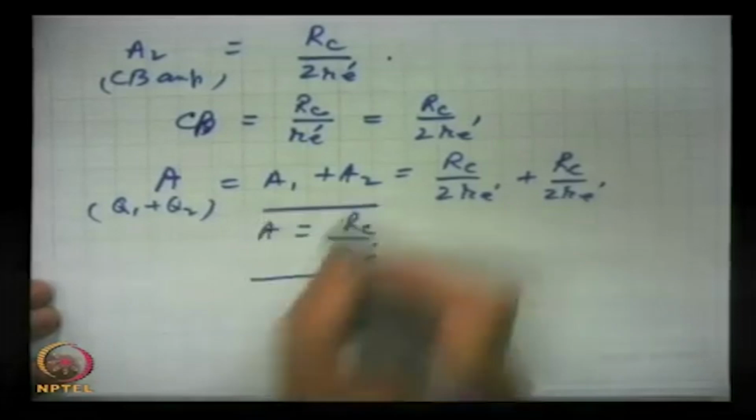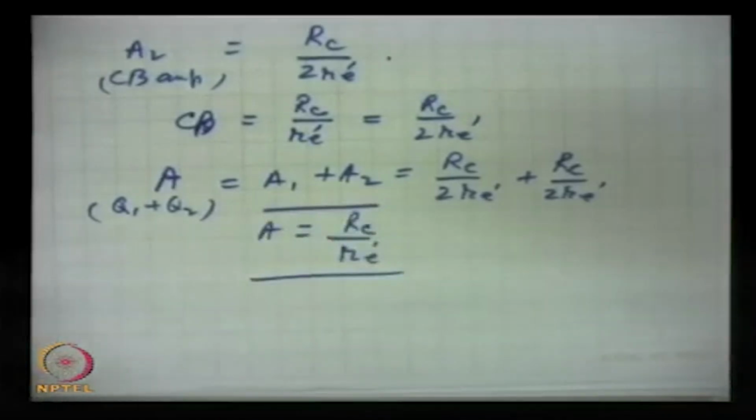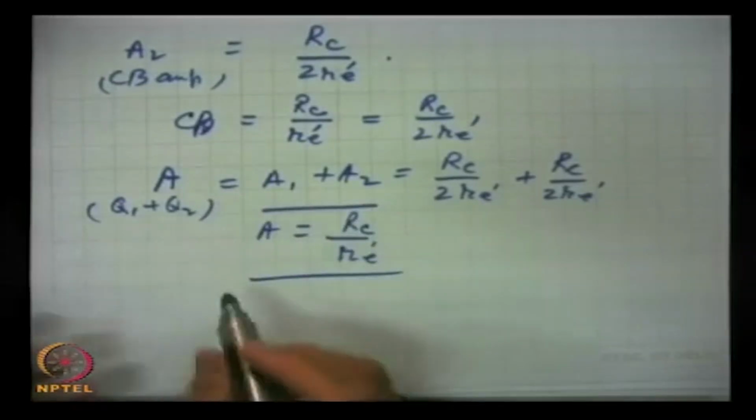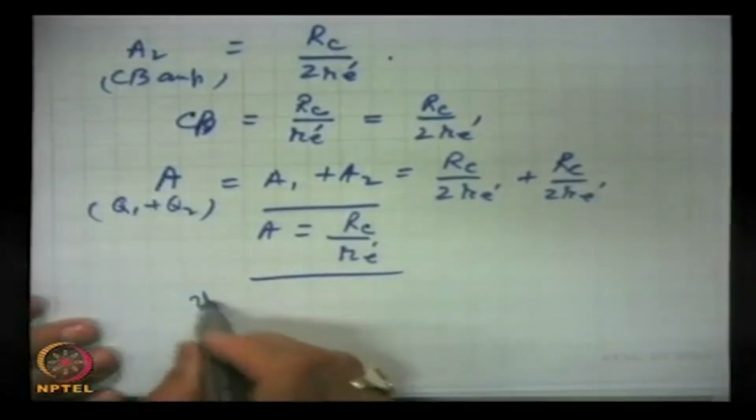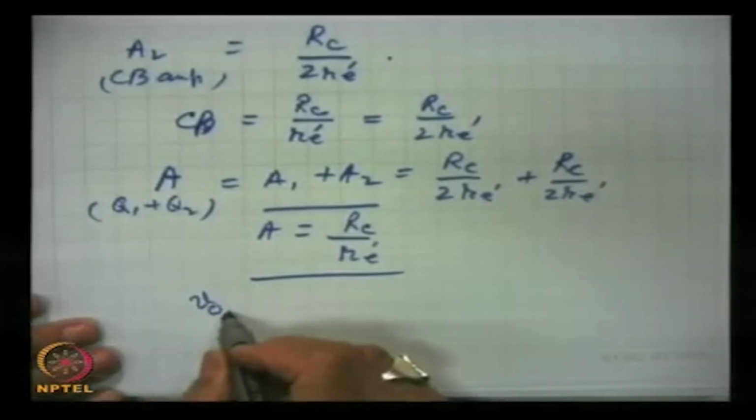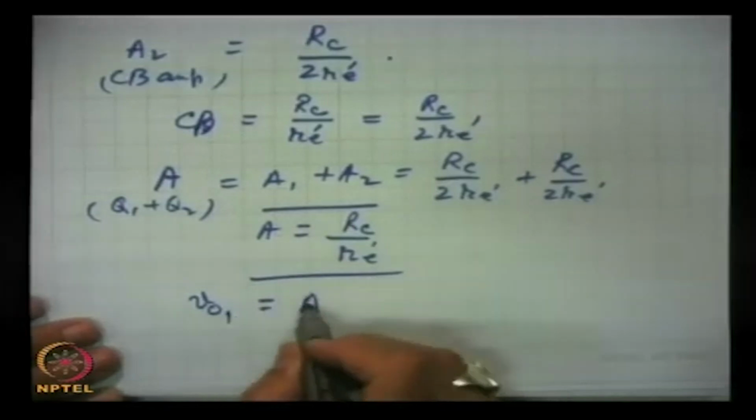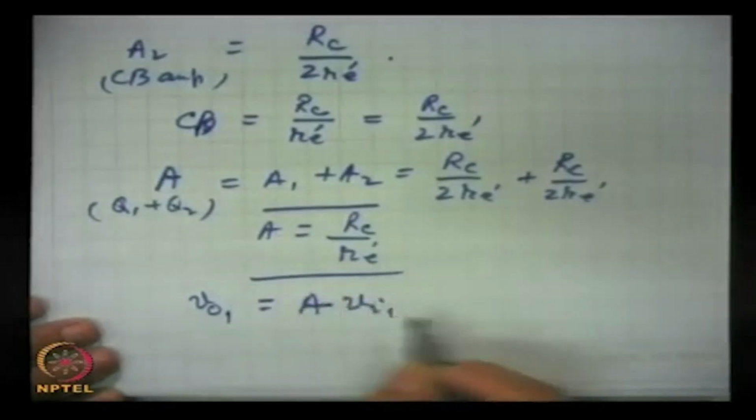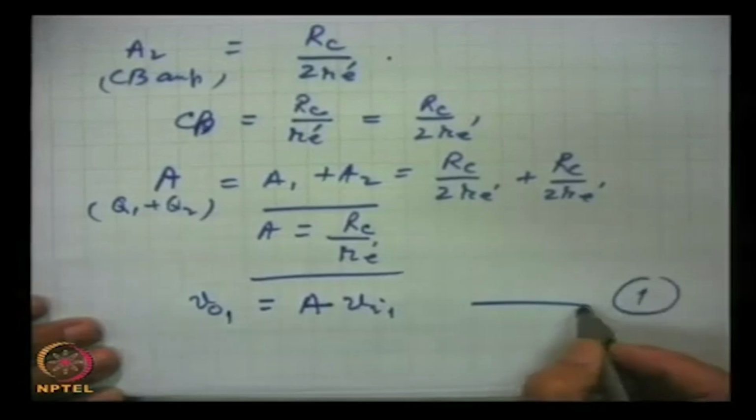This is the differential gain, and remember the output because of the first input will be A Vi1, this is equation 1.